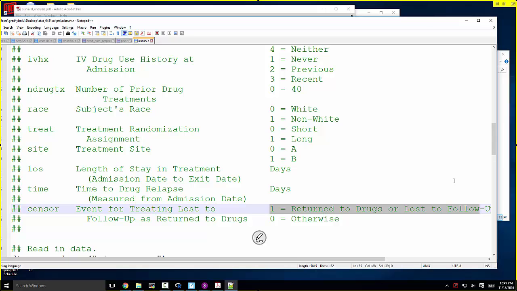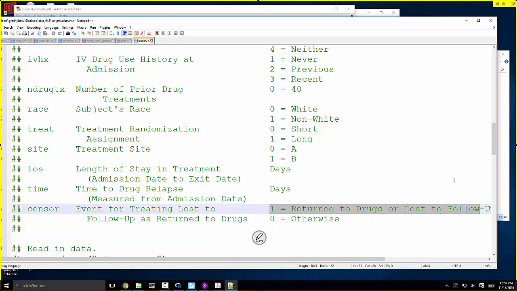So each person, we either observe them until they actually relapsed. Okay, this person lasted 155 days and then they went back to drugs. Or they are lost to our study. They drop out of the study, in which case we know that they lasted 155 days because that's the last time we saw them. But other than that, we won't know when their actual relapse time is.